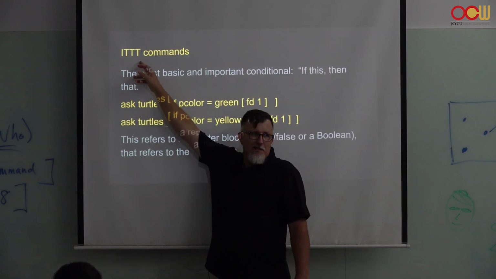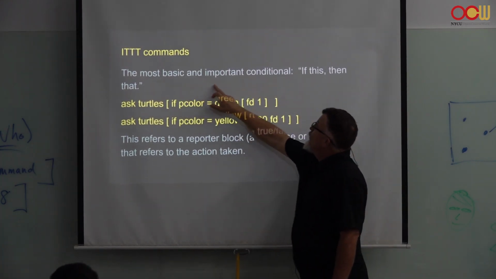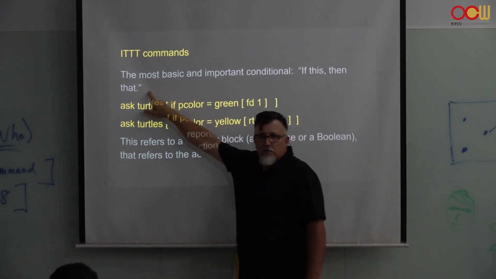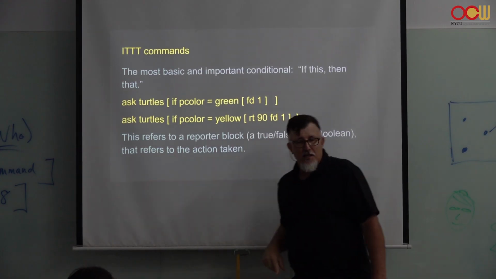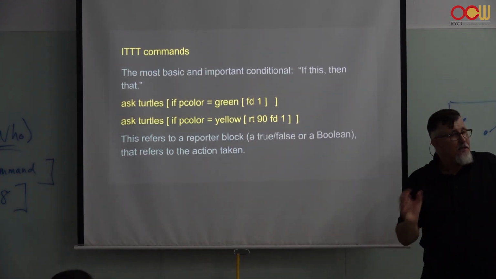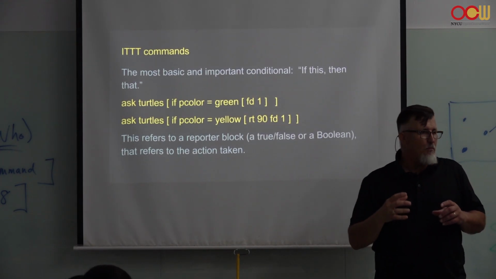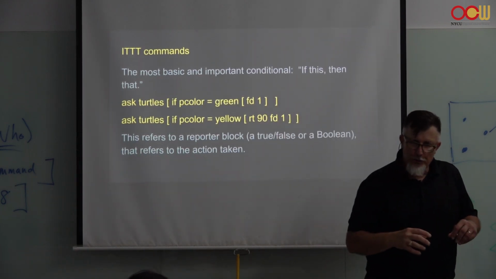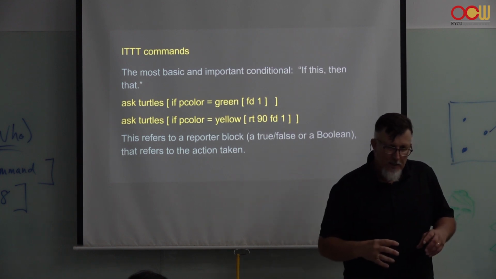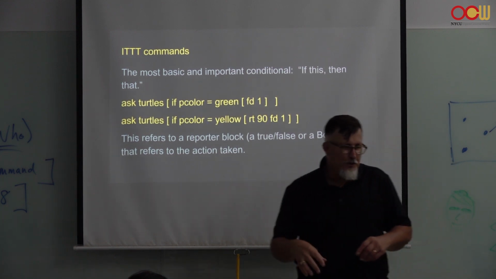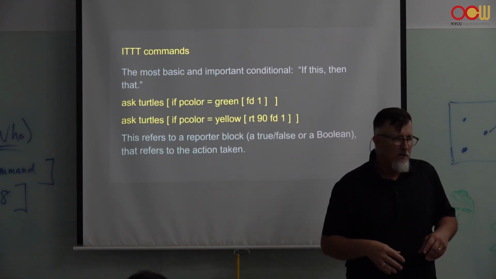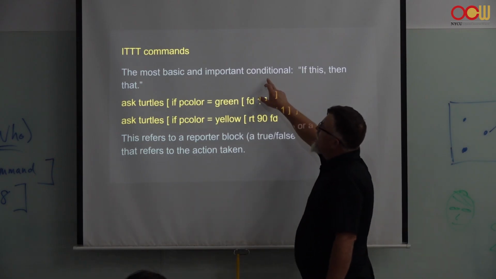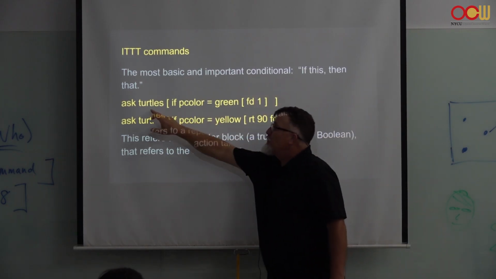It's called if-then, which stands for, if this is the case, then do that. So it's a conditional. If a certain condition is met, then do something. Put a little differently, hey turtle, check this out. If you see it, then do this. If you don't see it, don't do that. Right? So you have a conditional that is the most important example of coding.